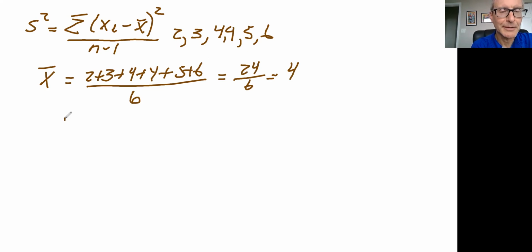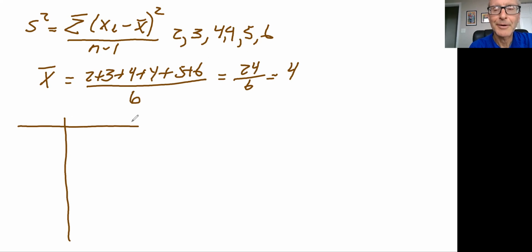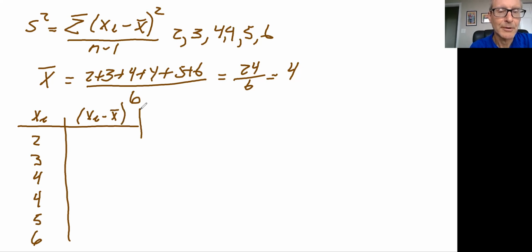So here's how, back in the day, I would do this by hand. Here are our points, we'll call those xi's. That's 2, 3, 4, 4, 5, and 6. The next thing we want to do is xi minus the mean. That would be my column 2.